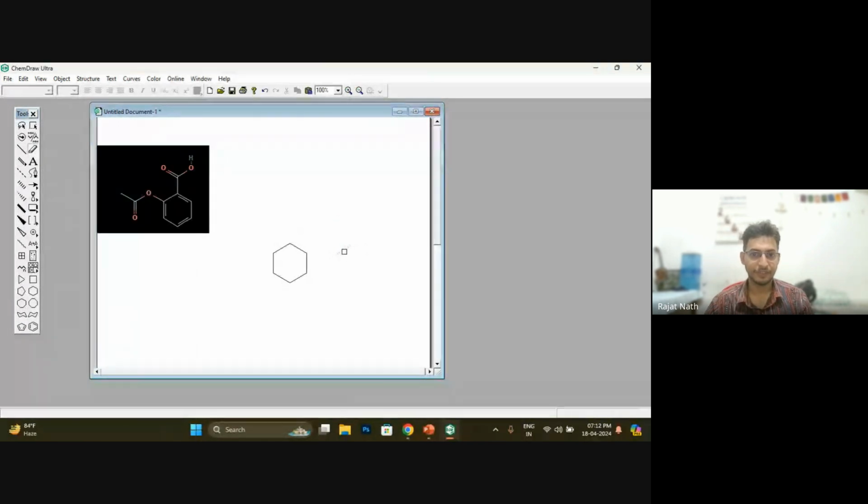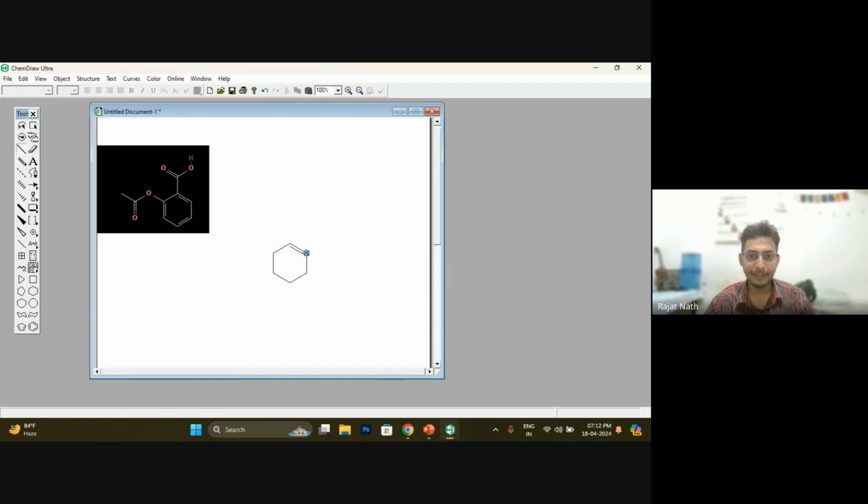structure. Okay. So I am again selecting this single bond and just go to this benzene ring. See, when I go to the benzene ring, it shows a blue highlighted color. If I get this blue highlighted color on this bond and click, there will be a double bond in this single bond.